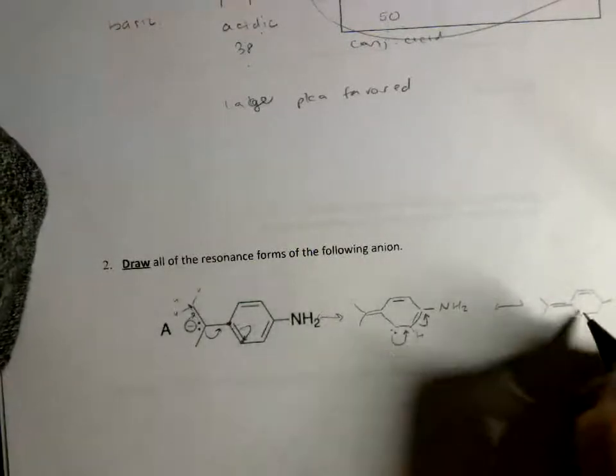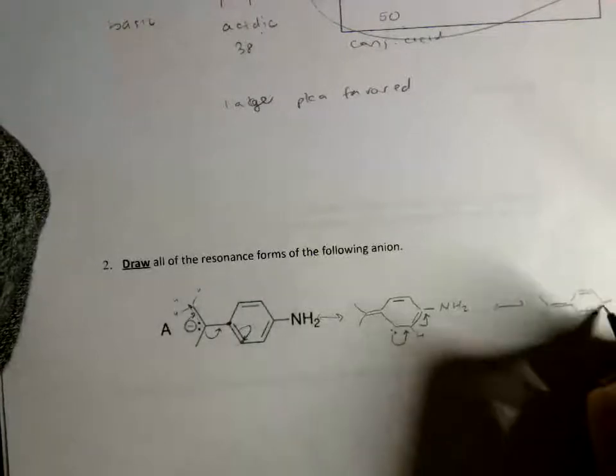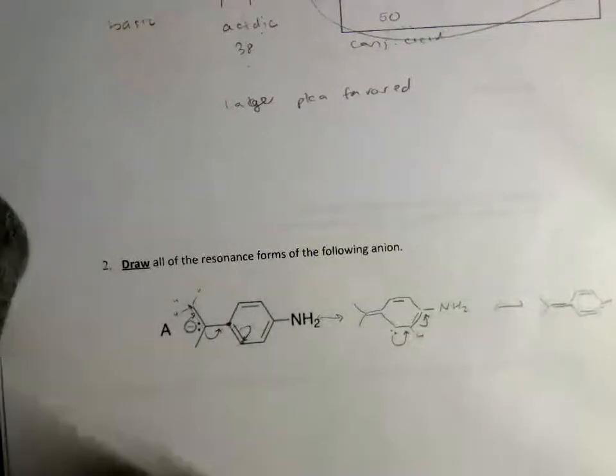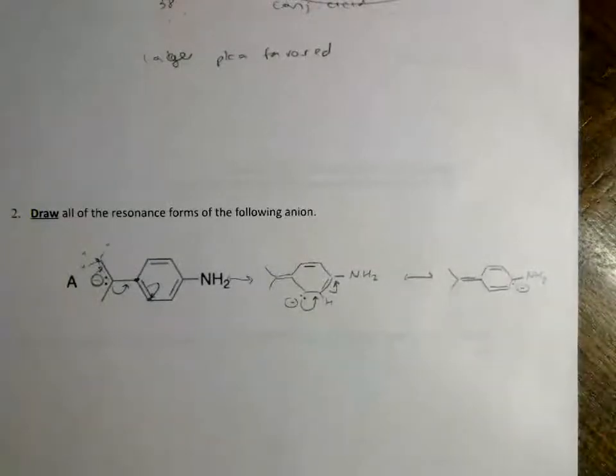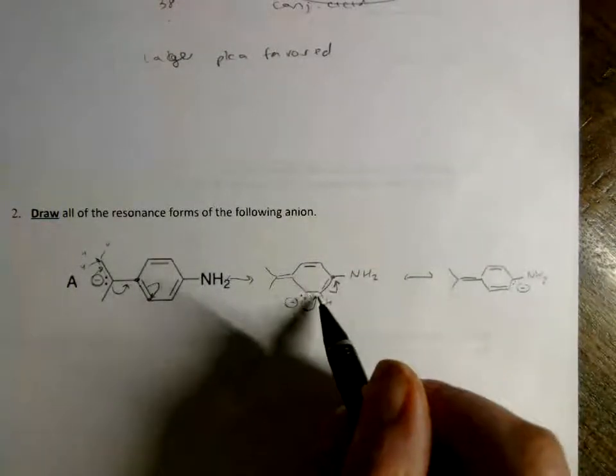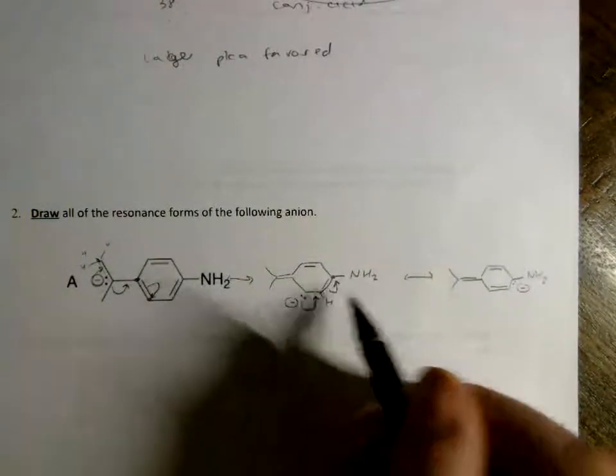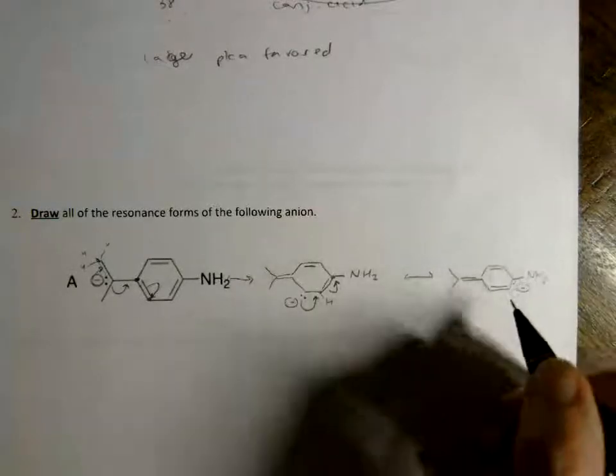But we formed a new bond right here, and our lone pair goes right there. You can draw the negative charge moving around there. So if you have that lone pair right there, that fills up the octet of this carbon, and this one's all been filled in by the double bond. So they're all full octets. This just has a negative formal charge.